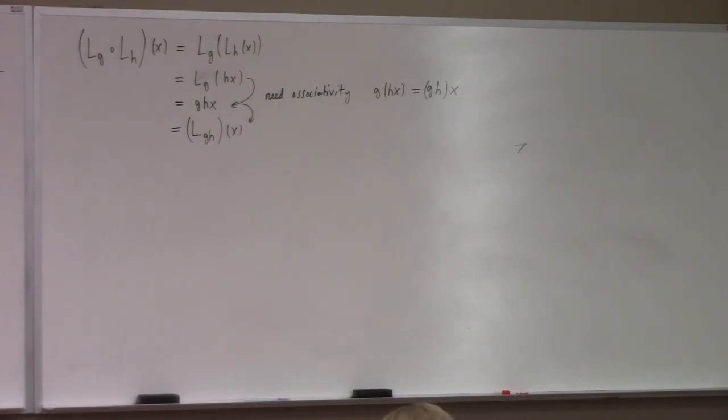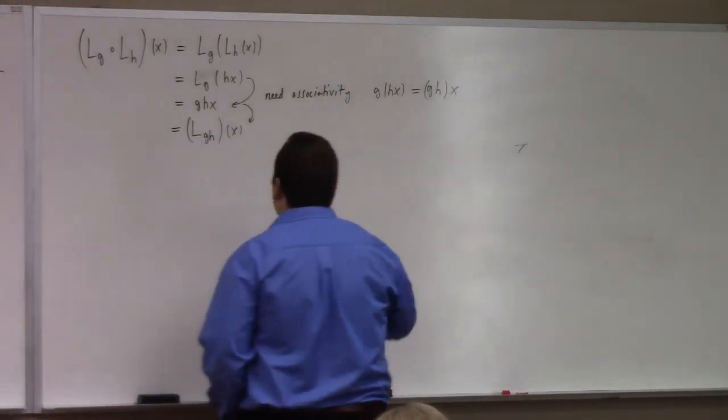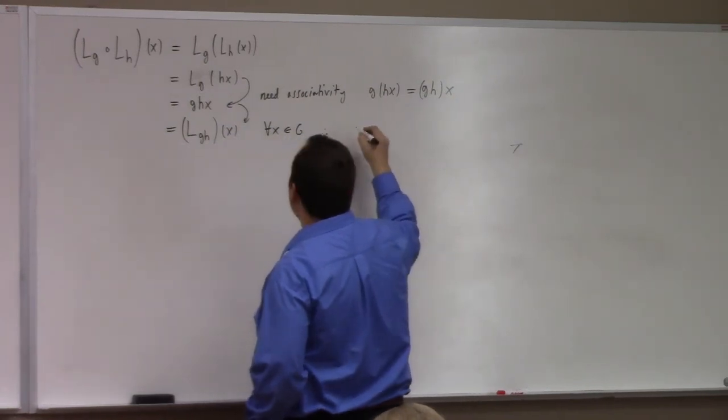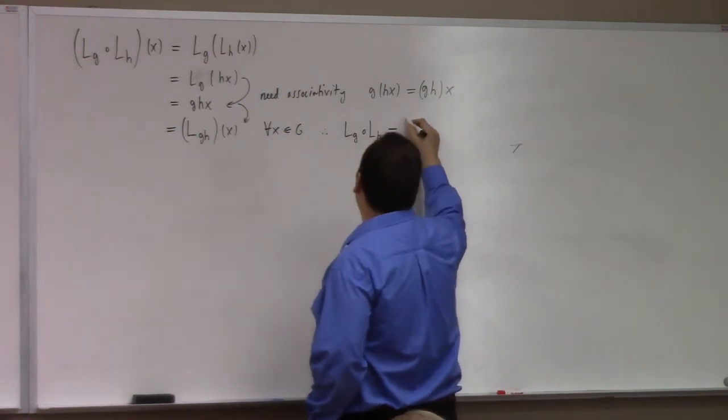Now this holds for all x. Am I right? To quote a certain venerable cartoon character, believe it! So this holds for all x in G, therefore the functions L_g composed with L_h are equal to L of gh.